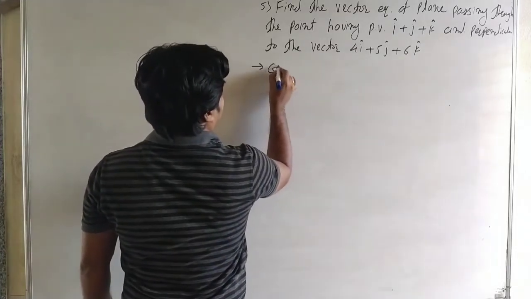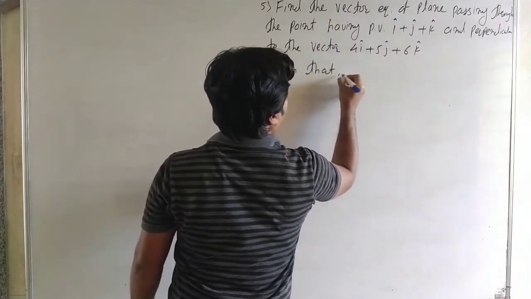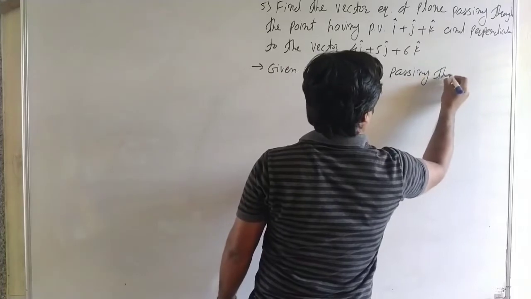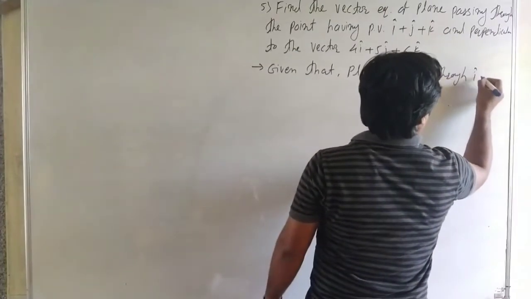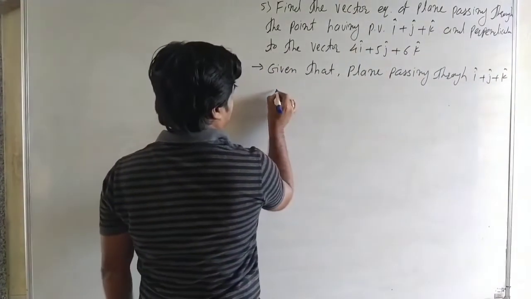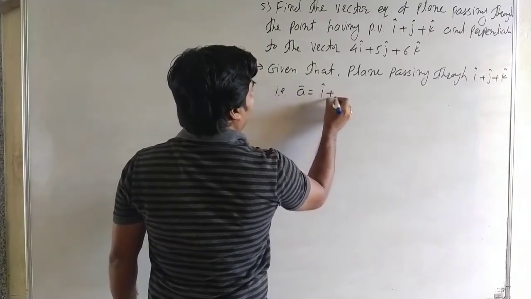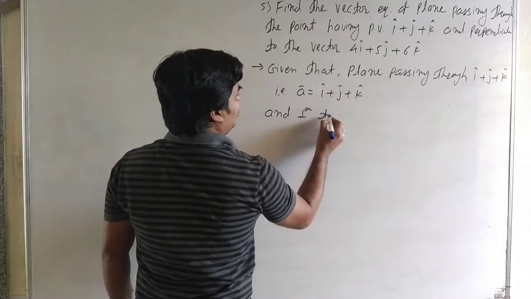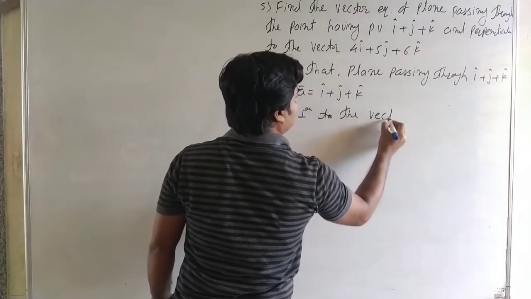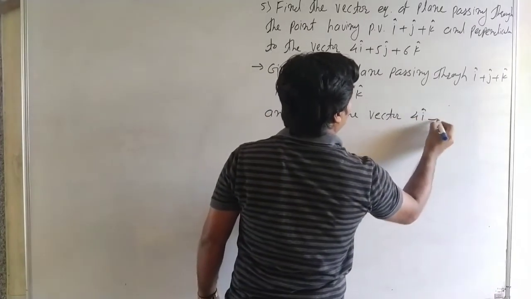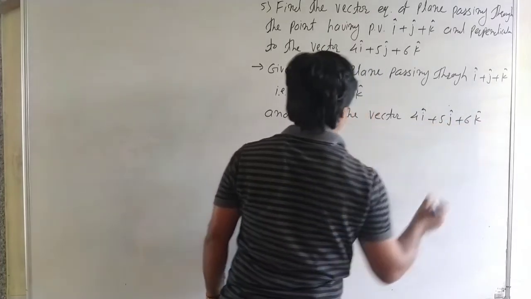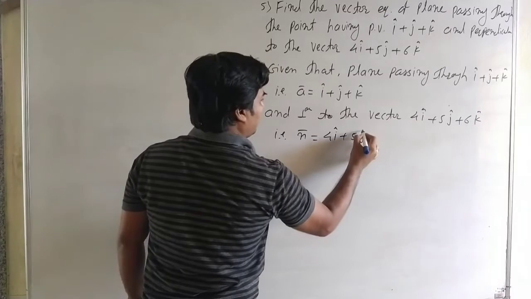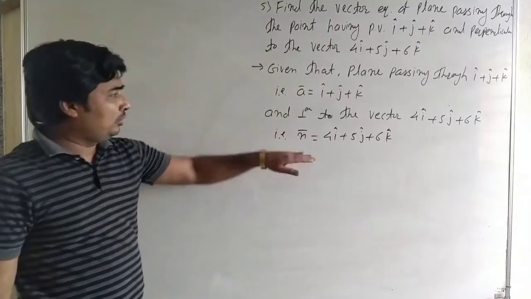Here given that the plane passing through point i cap plus j cap plus k cap, that is a bar is equal to i cap plus j cap plus k cap, and perpendicular to the vector 4i cap plus 5j cap plus 6k cap, that is n bar is equal to 4i cap plus 5j cap plus 6k cap. Okay, it is a normal to the plane and it is passing through the point.